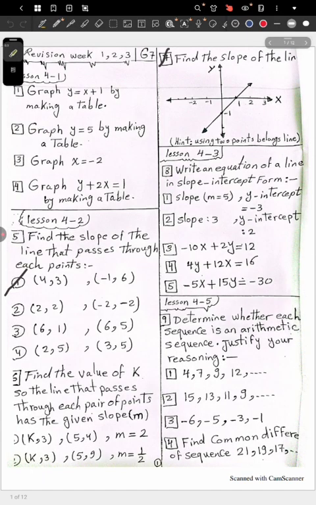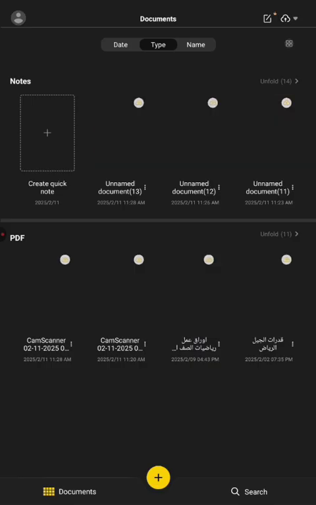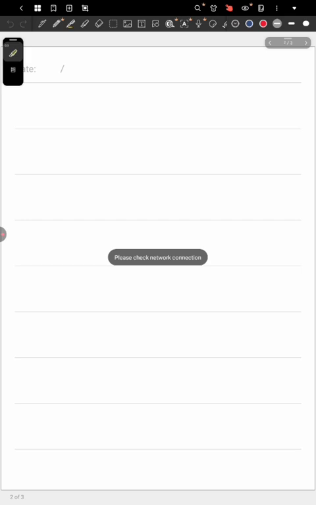Another equation. Okay, in number 2, slope of a straight line and how can we find the equation of a straight line. You can form the equation of a straight line. How?